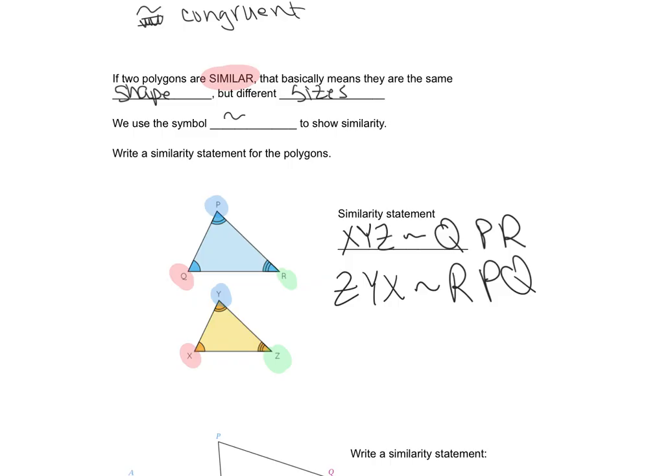So if you notice again, pink was our X and Q, they are in the same spot. Blue, blue, and green, and green.